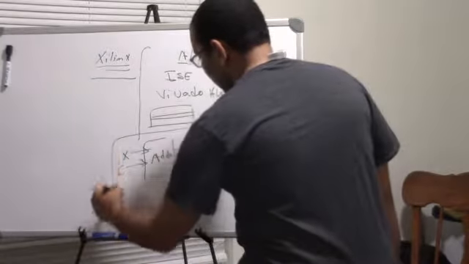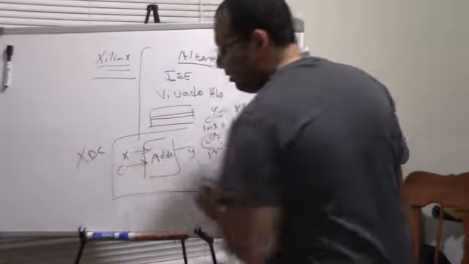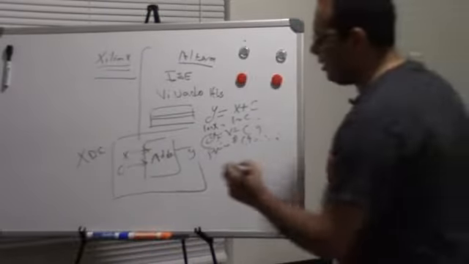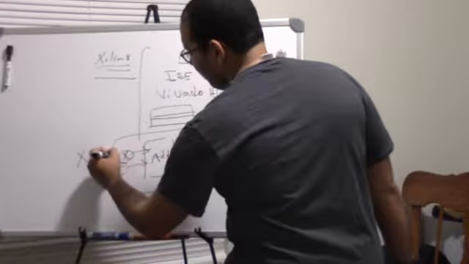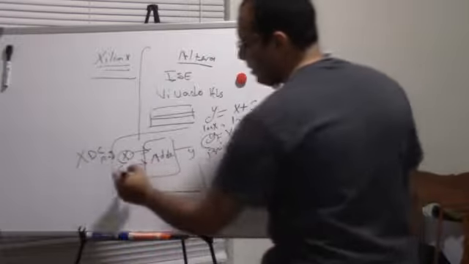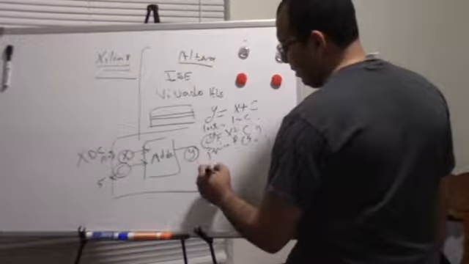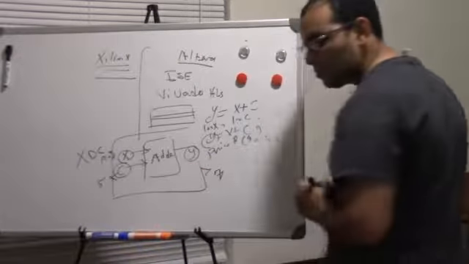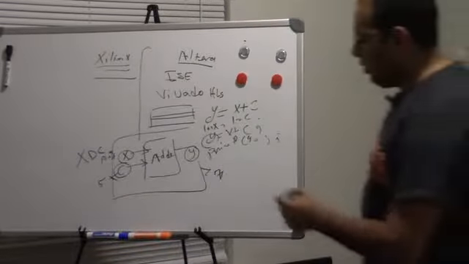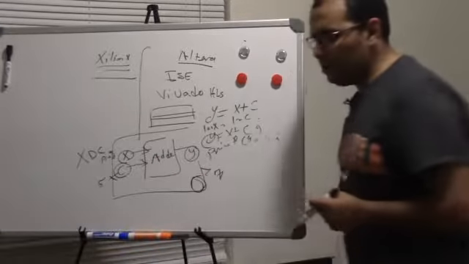Thankfully we have the XDC file, where you define and say X is going to be pin number 4, for instance, and C is going to be pin number 5, and Y, for instance, is going to be pin number 7. And then you also have an oscillator on the chip, which is used for generating a frequency.